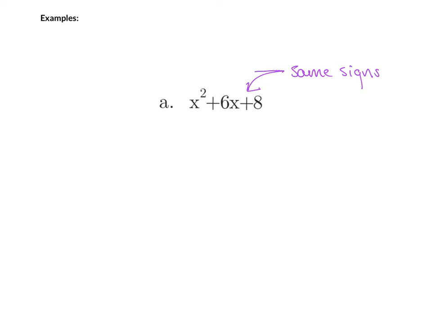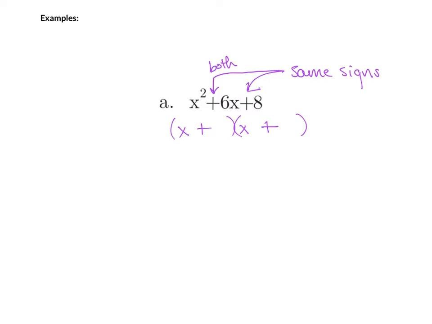And since our numbers are same signs and we're combining to a positive 6, both are positive. So the first thing I'm going to do is write my two sets of parentheses. X squared, that's going to be x and x, and as I mentioned, our signs are both positive.